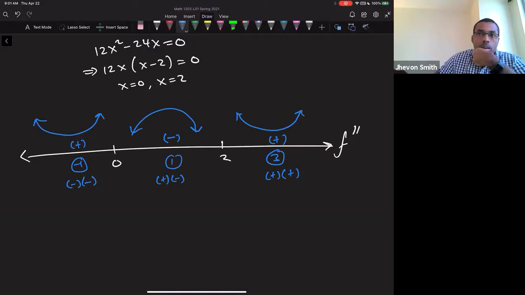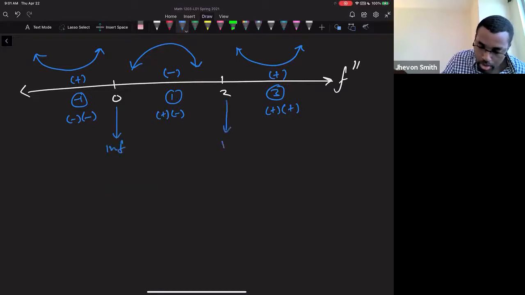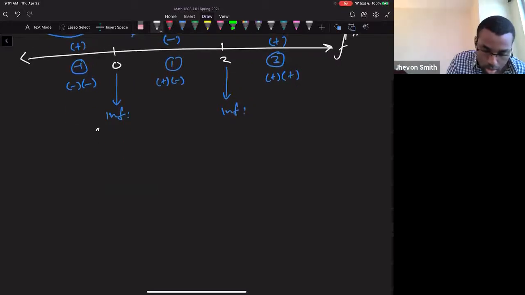Now remember that an inflection point is just a point where we switch concavity. So 0 is going to be an inflection point because it's in the domain, as well as 2. Once we do that, we find the y value. So we want f of 0, which we know is 0. So the coordinate is 0, 0.